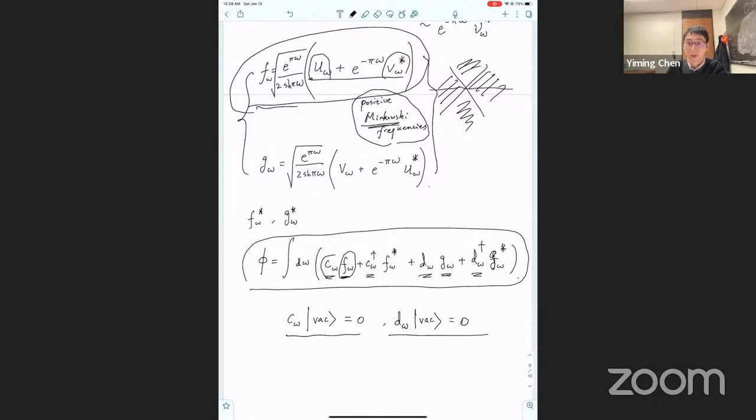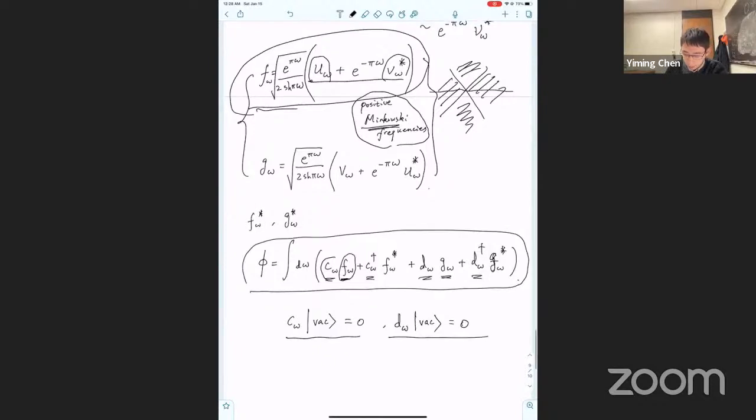Yes? So C is like A, I guess, but D is the coefficient of G omega, and G omega is supposed to have negative frequency. It's for the negative thing, right? No, both F and G are positive Minkowski frequency modes, so both C and D go with them.